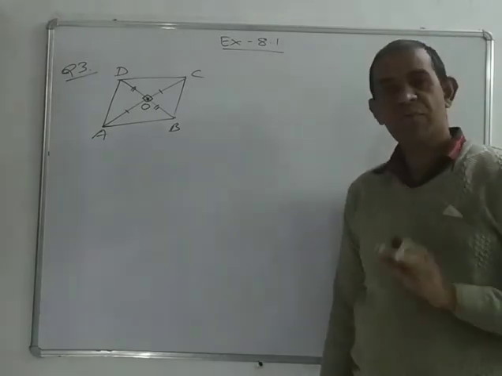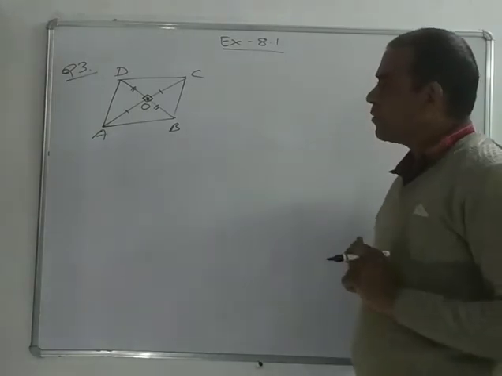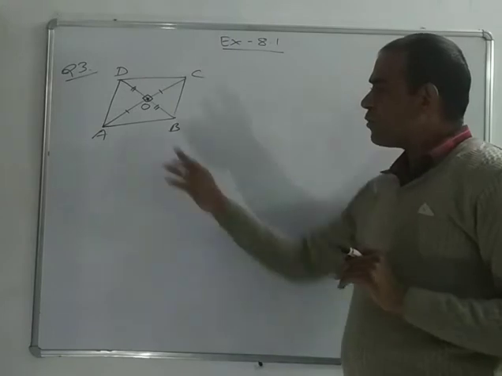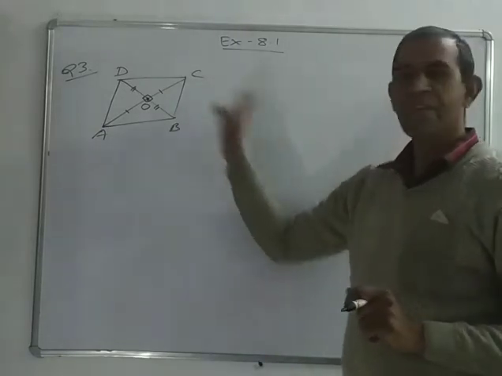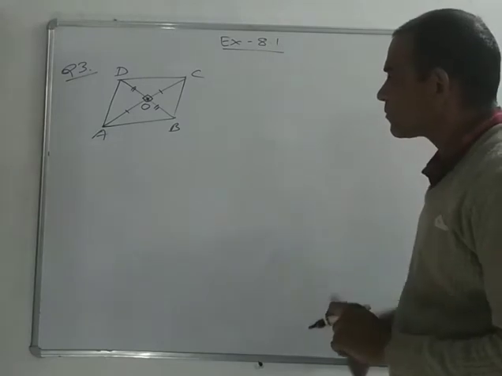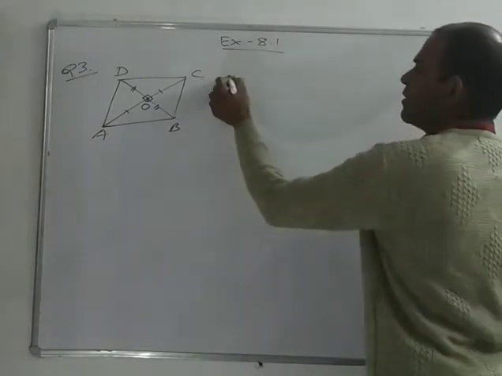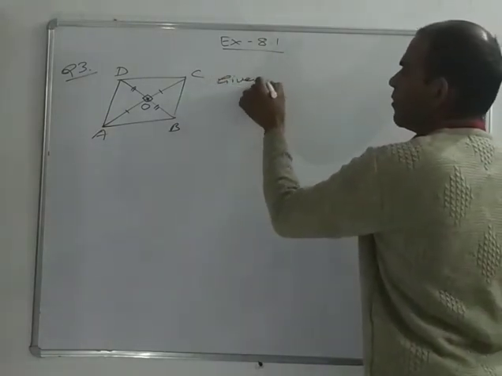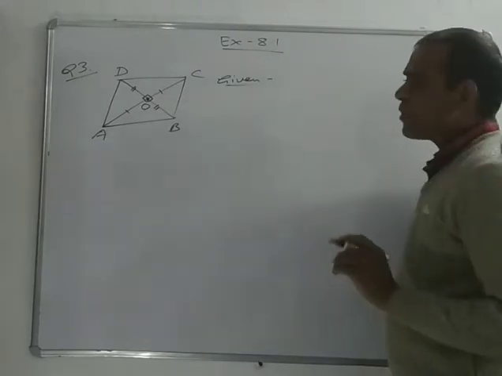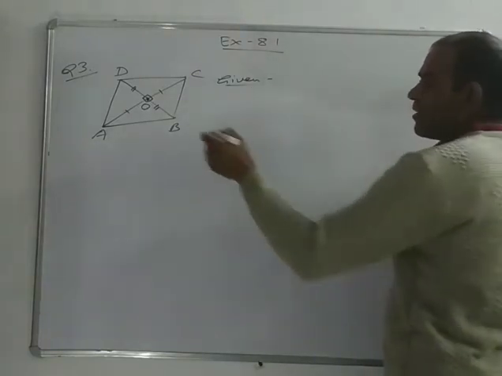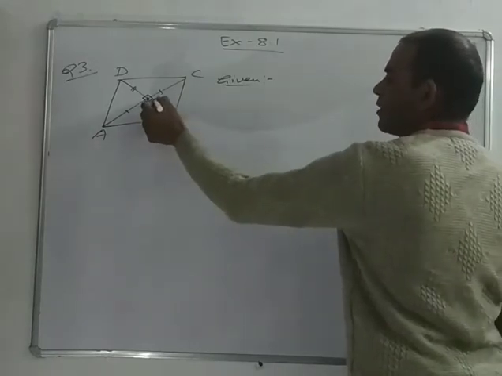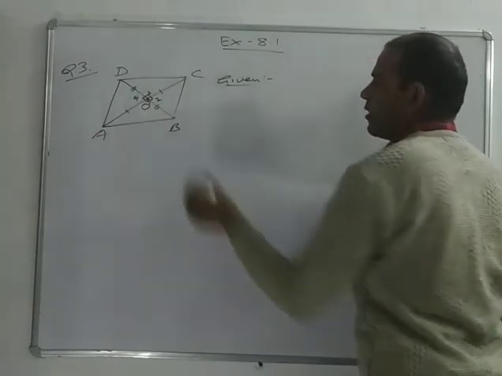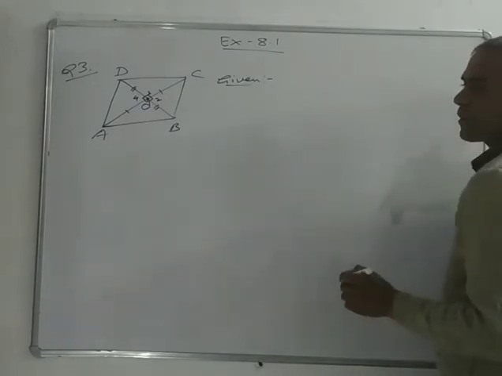So for proving a rhombus, first of all we should prove ABCD is a parallelogram. A parallelogram with all sides equal is a rhombus. So the given terms are: the diagonals of the quadrilateral bisect each other at right angle, so angles 1, 2, 3 and 4 are 90 degrees.